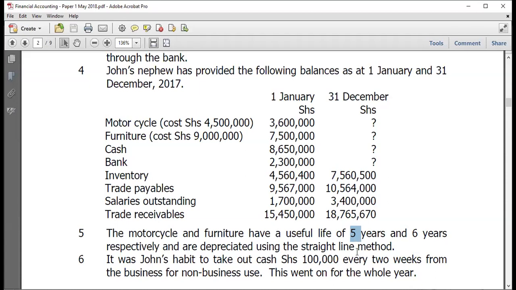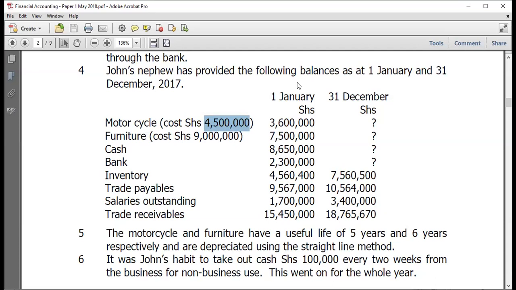Now, in most cases they will give you the depreciation percentage, but in this question, they have rather given you the useful life of the asset and the cost. So you should be able to determine depreciation using the formula for calculating depreciation. For the motorcycle, we shall get 4.5 divided by 5.